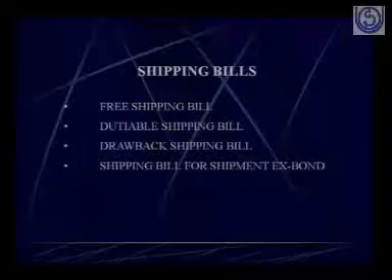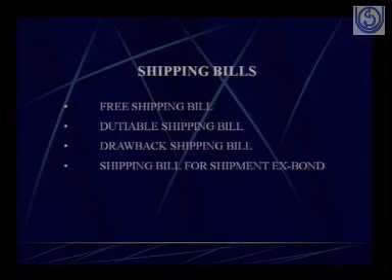Then there is a fifth shipping bill, which is known as the shipping bill for export of goods under the duty entitlement passbook scheme. This is prepared on blue paper, and it is used when the goods are entitled to the duty entitlement passbook scheme, that is, when credit is entitled. In that case, you prepare this shipping bill. Next is your application for export.